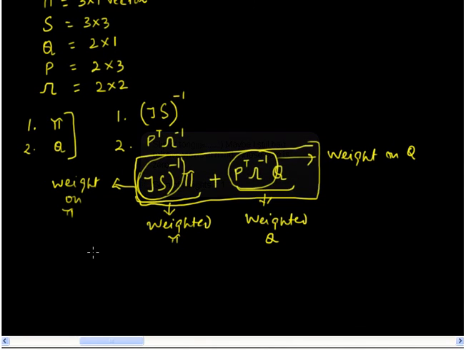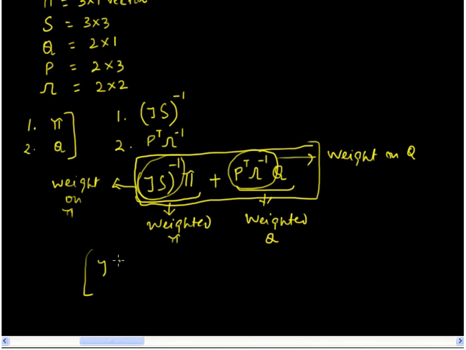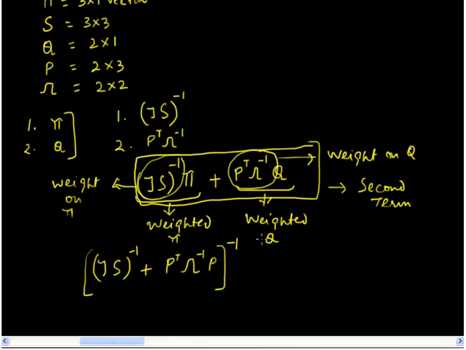The first term is tau times S inverse plus P transpose times omega inverse times P, and we take the inverse of this whole thing. So when we multiply this second term by the first term of the Black-Litterman formula, we are ensuring that the sum of all weights is going to be equal to 1. That is all this first term does.